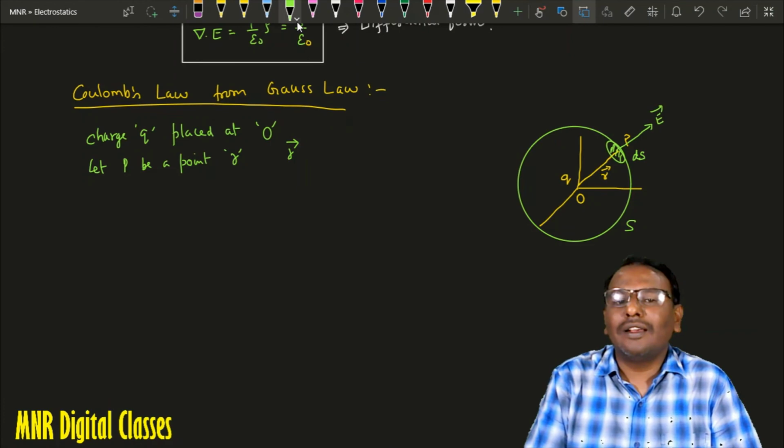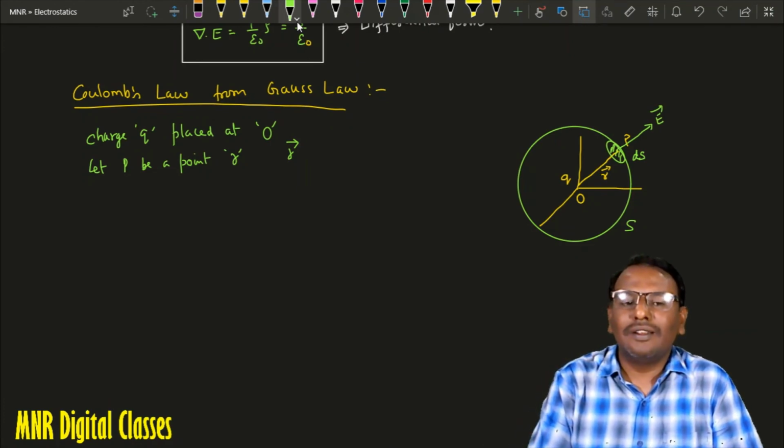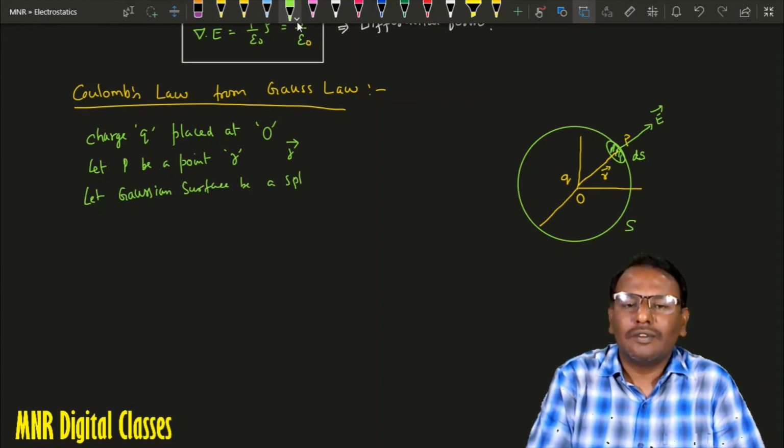To apply Gauss theorem, we know that we have to imagine a Gaussian surface. Let the Gaussian surface be a sphere with radius r.